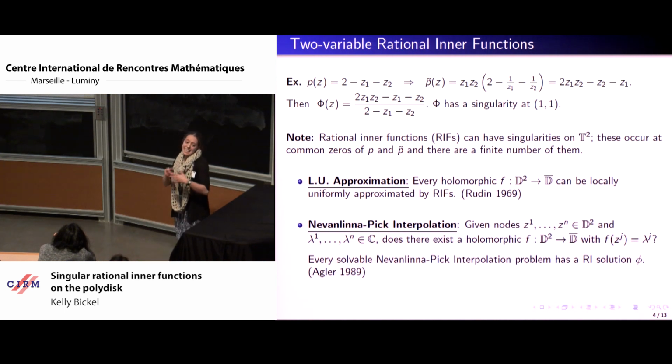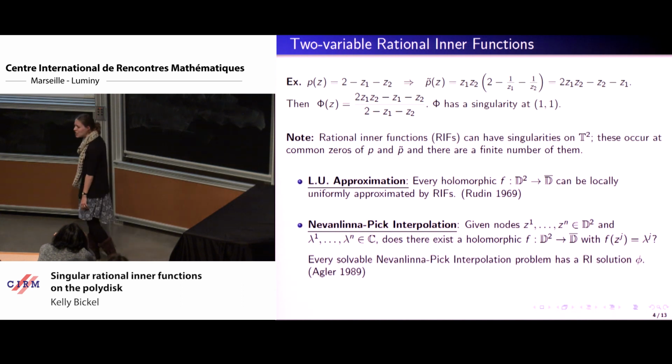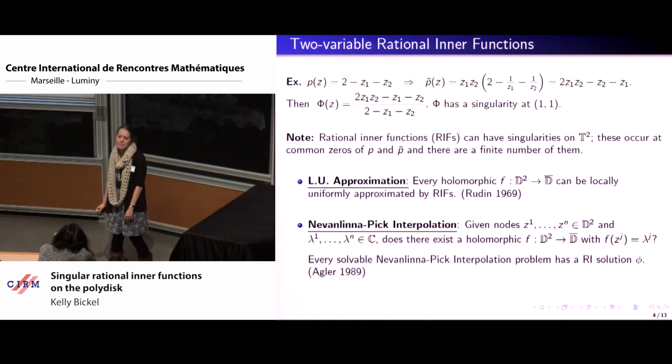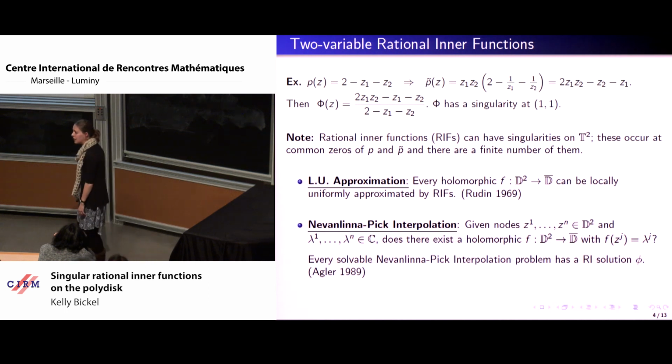However, if, say, as in the context of this conference, you're interested in interpolation problems, then rational inner functions also play an important role. In particular, I think we're all familiar with the Nevanlinna-Pick problem and the fact that it was solved on the bidisk back in the early 90s by Jim Agler.